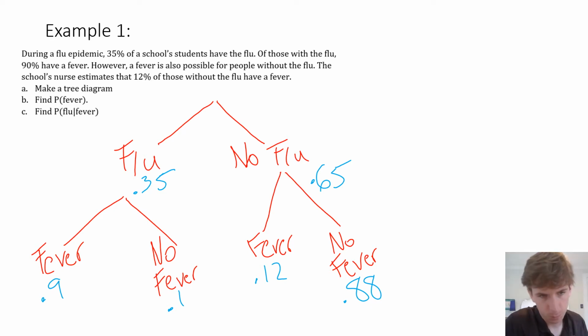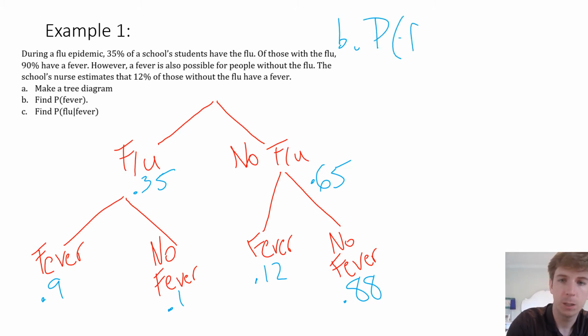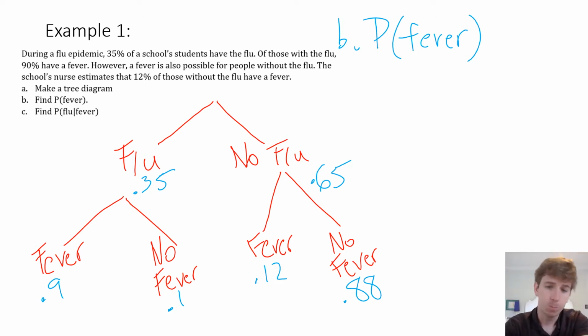So there's our tree diagram. It's going to be very useful. So let's move on to part B. We want to find the probability if we select a random student, what's the probability they have a fever? Basically when you already have the tree diagram, it's pretty straightforward. All you want to do is multiply down the branches of the ones that end in fever and then add up those probabilities.